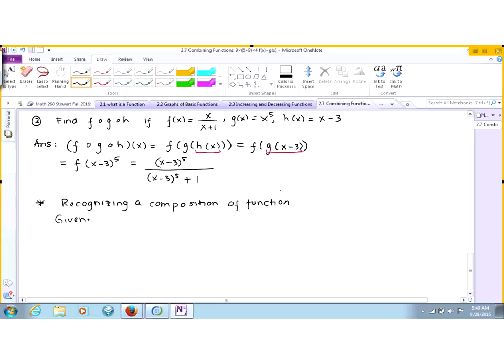So given f of x is equal to, let's just say, 3x squared plus 2, find f and g so that f of x is equal to f circle g.